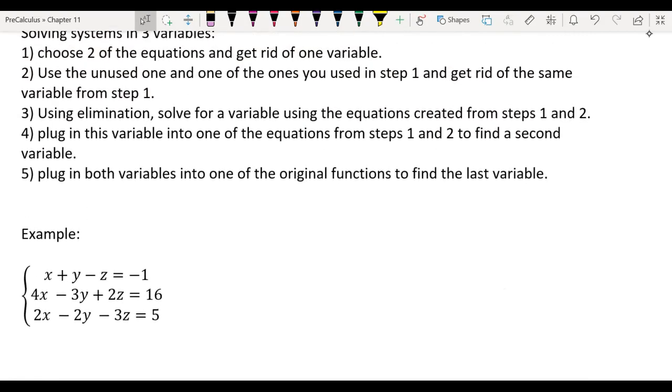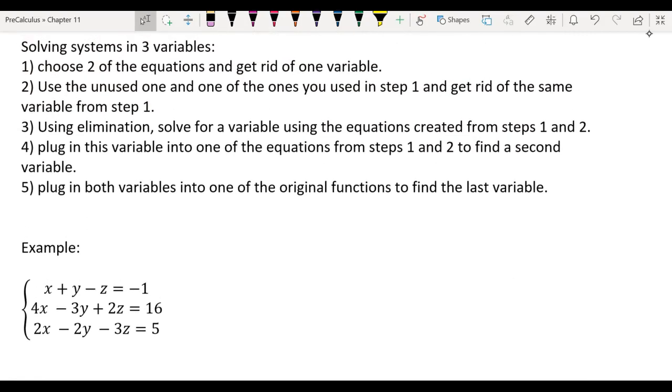Solving systems in 3 variables. Okay? Solving systems in 3 variables, the only way I'm going to teach you is the elimination method for this. So what you do is you choose 2 of the equations and get rid of one of your variables using elimination.